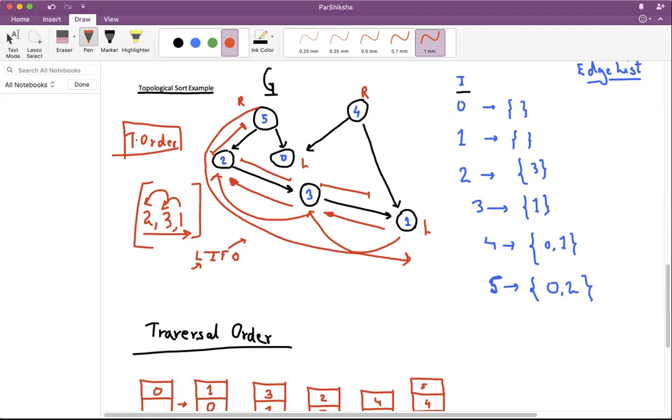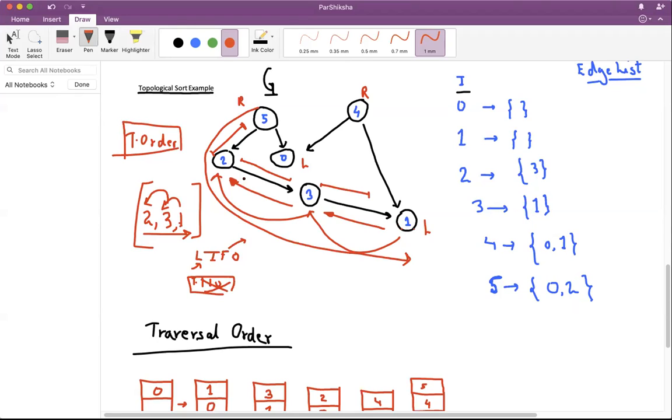Which basically means that if you look at the output, the element that has been traversed first has to go out last, right? So you can also say that the one that comes in first should go out the last, right? Although this is not the standard mechanism, it's a way to understand it.